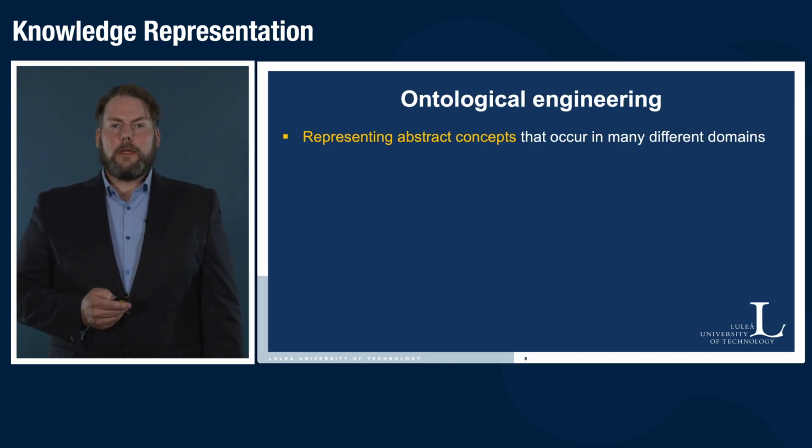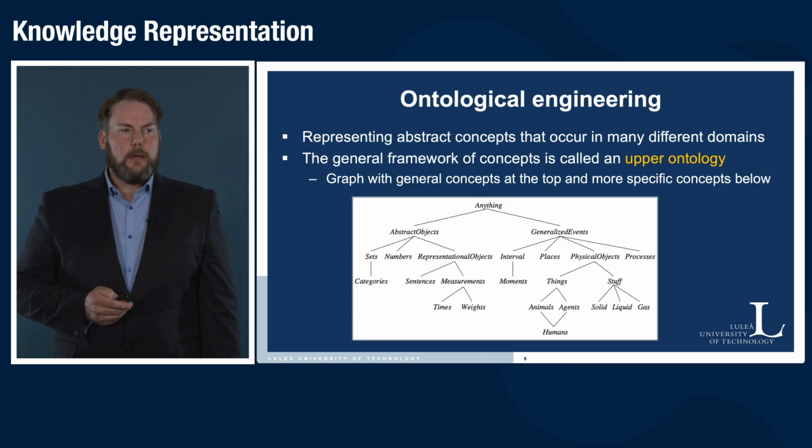The task to represent abstract concepts that occur in many different domains is the primary focus of ontological engineering. So the general framework of concepts is called an upper ontology. And the upper ontology is a graph with general concepts at the top and more specific concepts below.